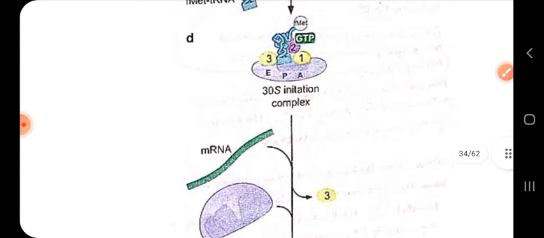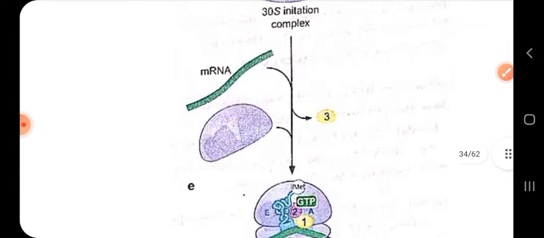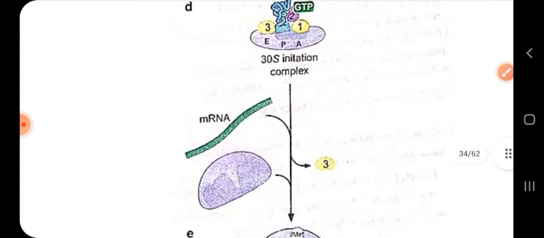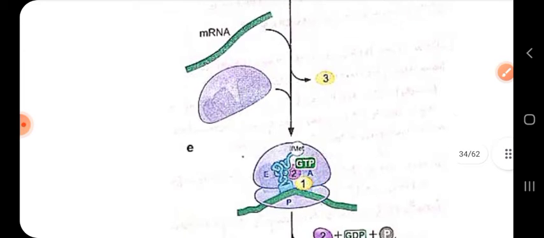Now you can see this ribosome is associating with the mRNA.